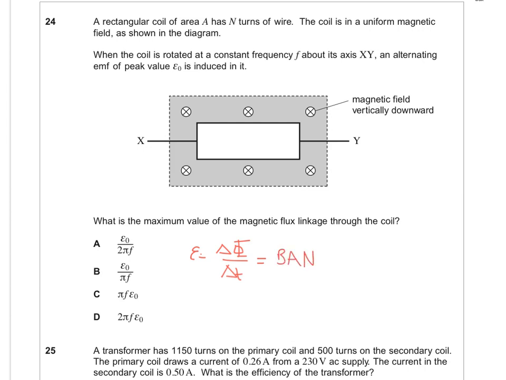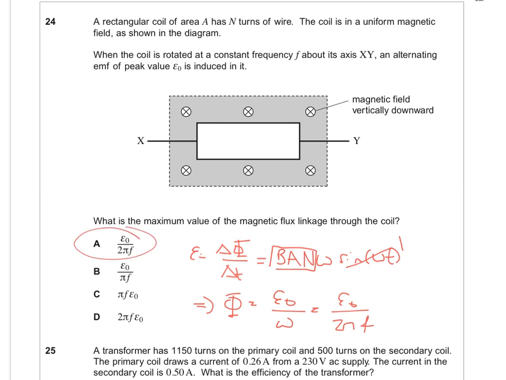It's BAN omega sine omega t, and that's going to be maximized when this is equal to 1. So BAN is the flux linkage, so essentially the flux linkage is going to be the maximum EMF, because we're going to make that 1, over omega, which is E0 over 2 pi f, which is option A.